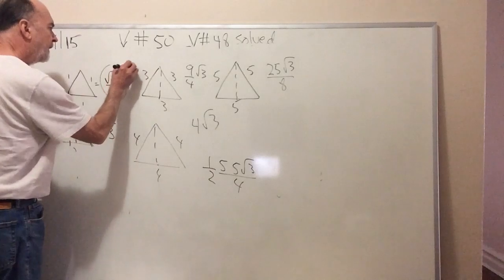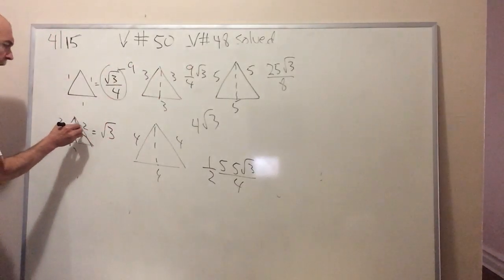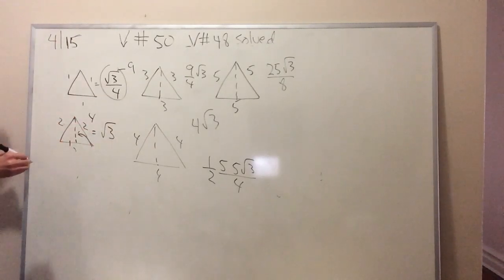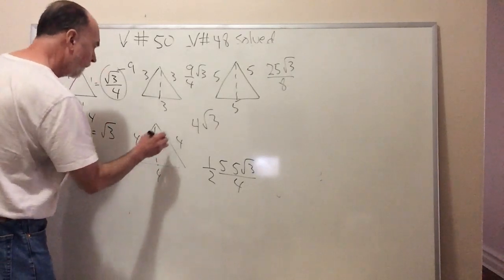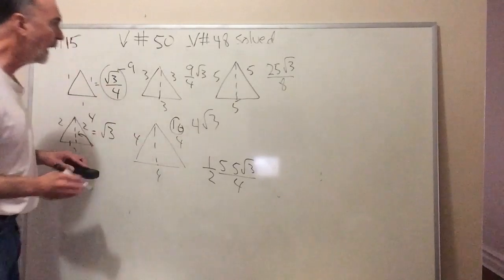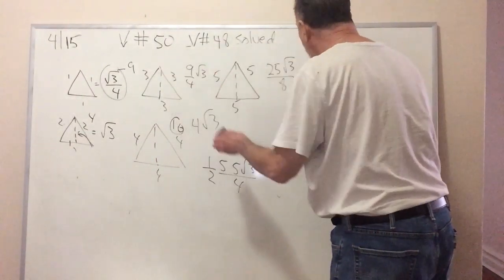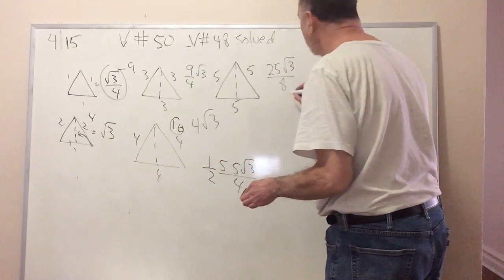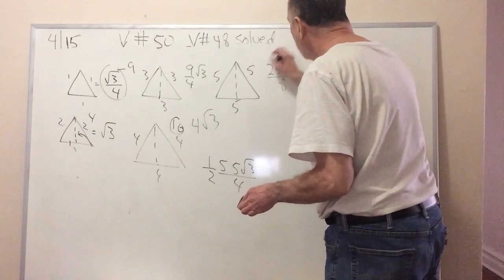So 9 times this equals this. 4 times this equals this. 16 times this equals that. And 25 times this equals this.